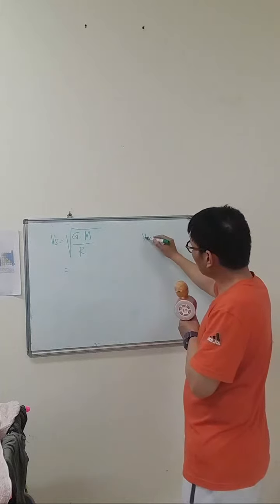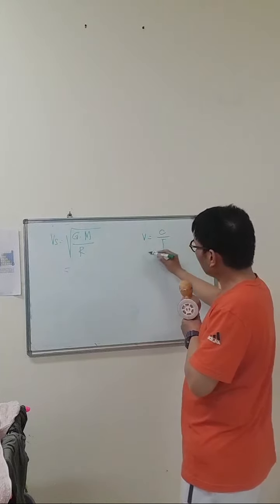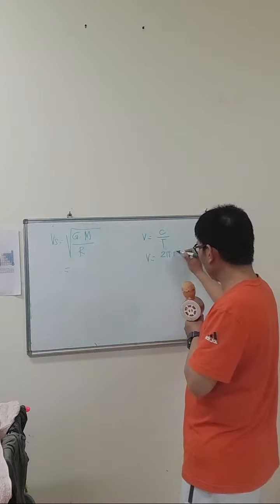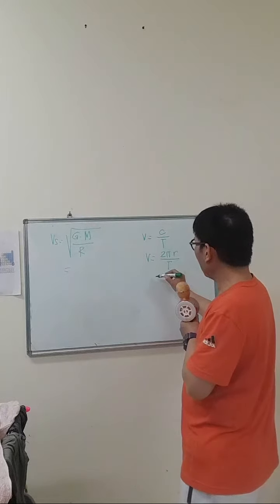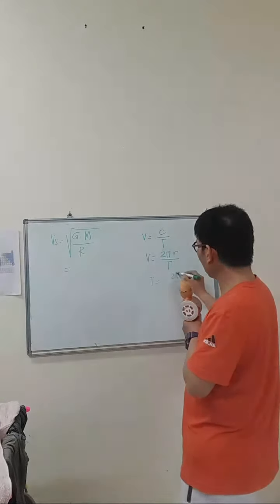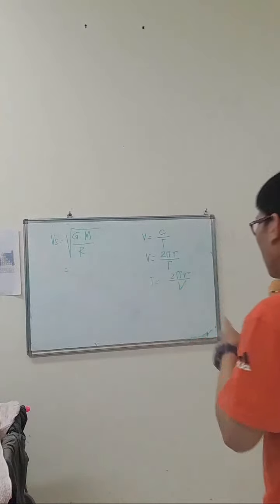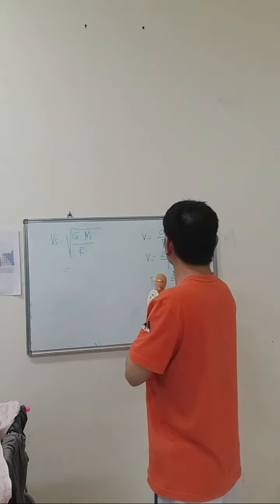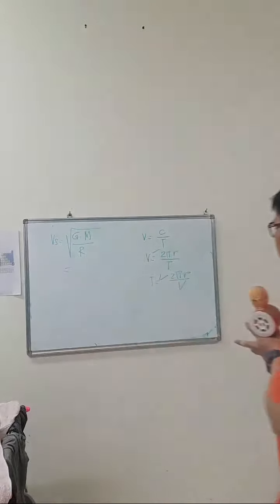So velocity is equal to circumference over the capital T. Then velocity is equal to 2 pi r over the T. Then we will say T is equal to 2 pi r over the velocity. You get the point? So we have the equation of the T and the equation of the V.